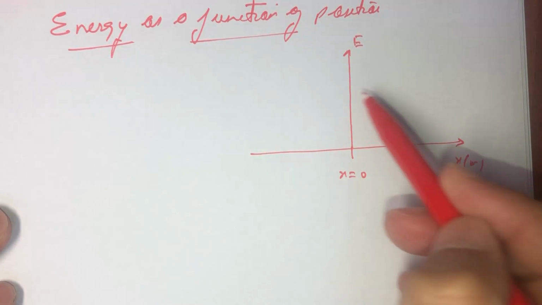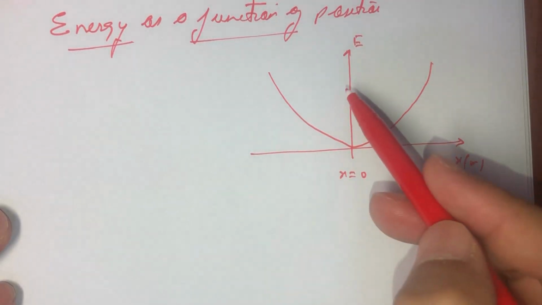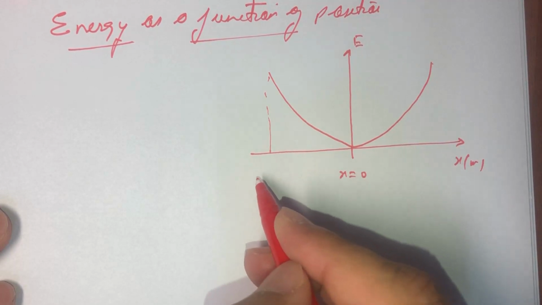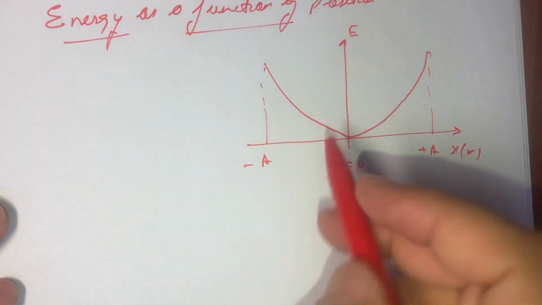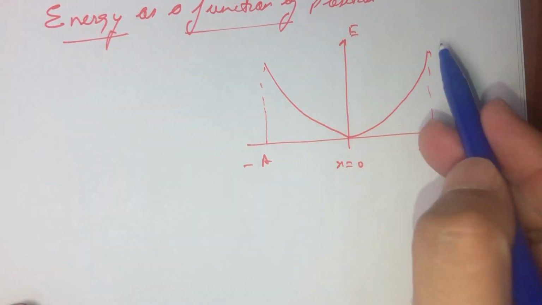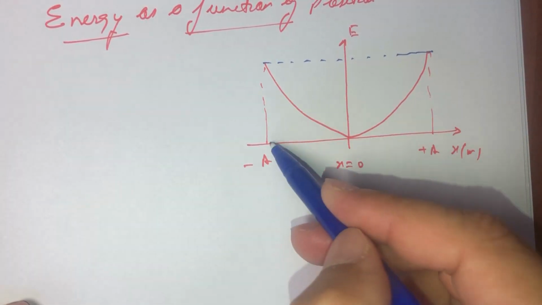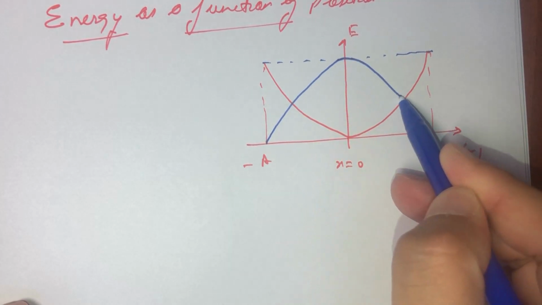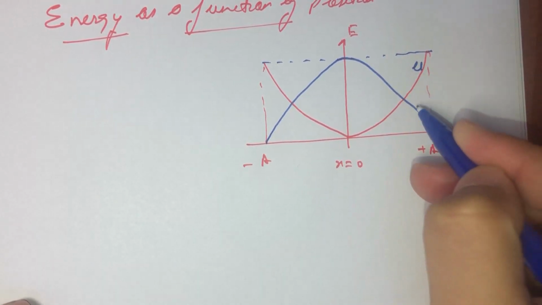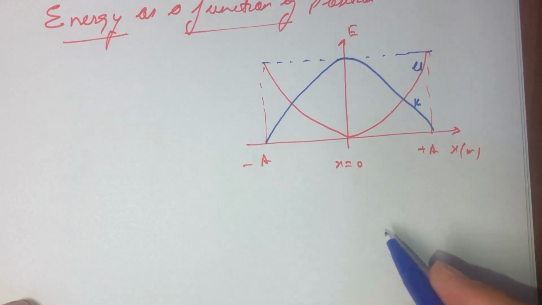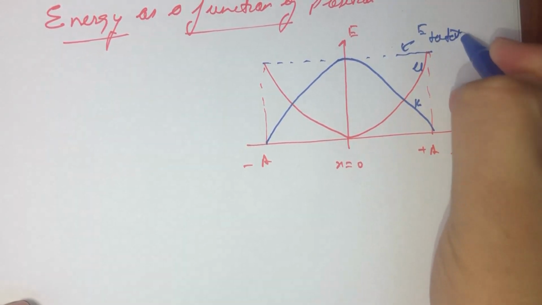So the graph will be like this, and we have here minus a, and here plus a, and we are going to have the horizontal line which will be our E total, and we are going to have another graph which is just the inverse of the previous one. So this is our U, and this is our K, and we get the horizontal line which is constant, our E total.